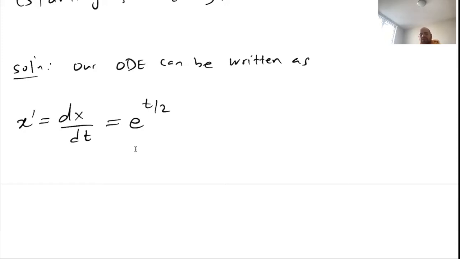So we can just leave x of 0 as x of 0, or we can set x of 0 to be 0 and then find x of 2. So let's assume x of 0 equals 0.